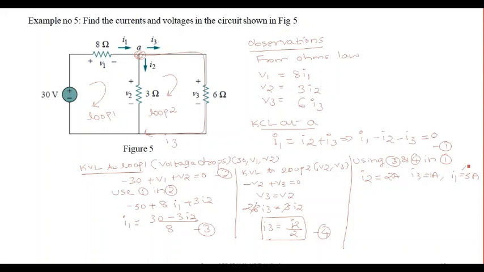Using these results, I can calculate V1, V2 and V3, which turn out to be 24 volts, 6 volts and 6 volts, right?